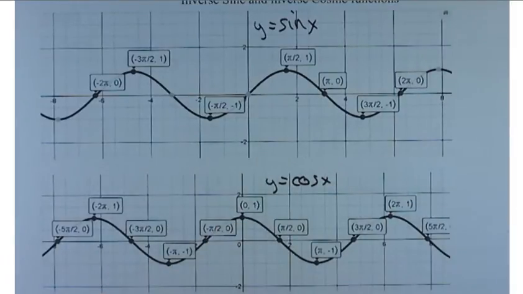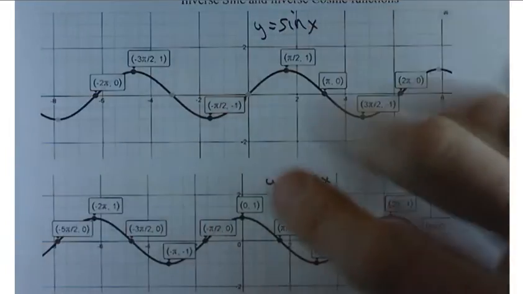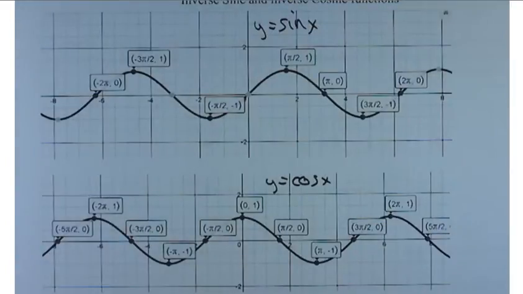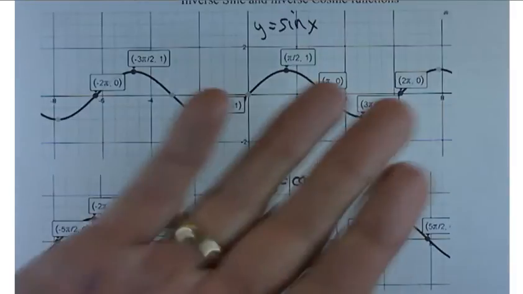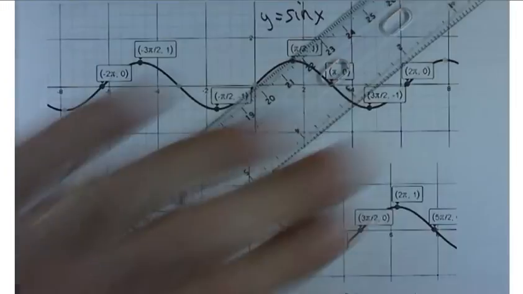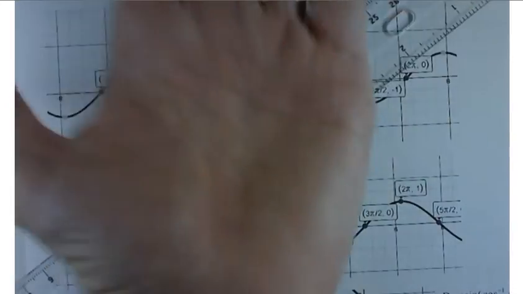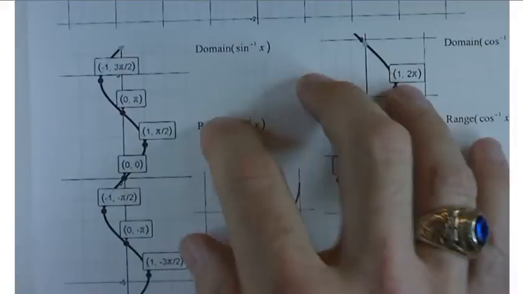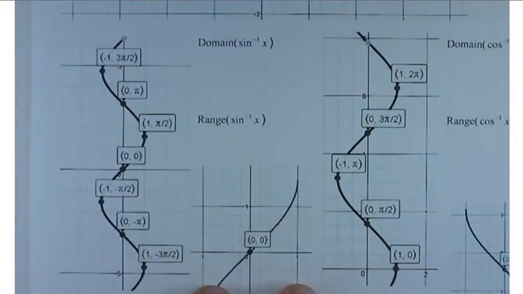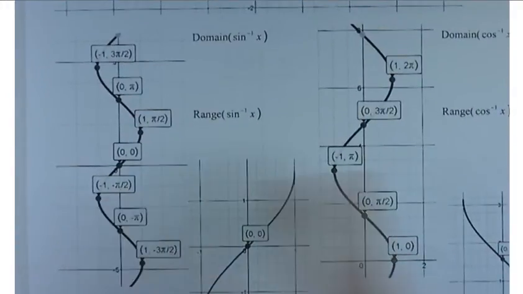Now, what we have to envision is reflecting this graph around the line y equals x. So basically, here's your line y equals x. You're going to pick this up and flip it like that. What's your graph going to look like when you flip it like that? Which one of these is going to be the graph of the inverse sine?